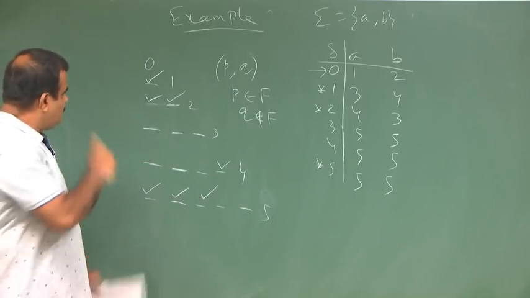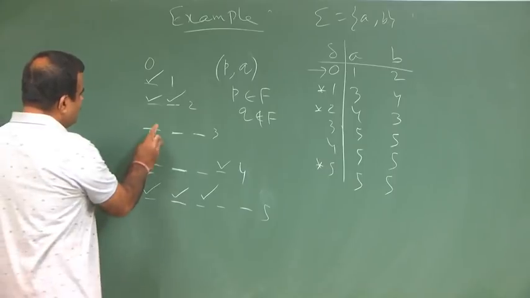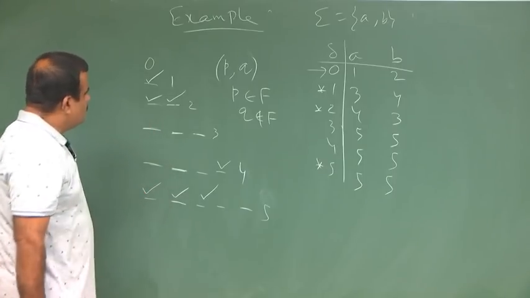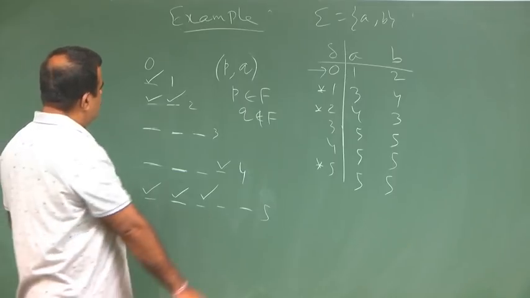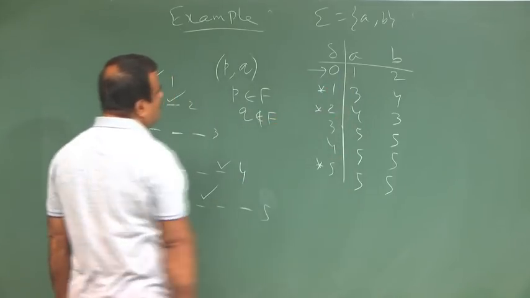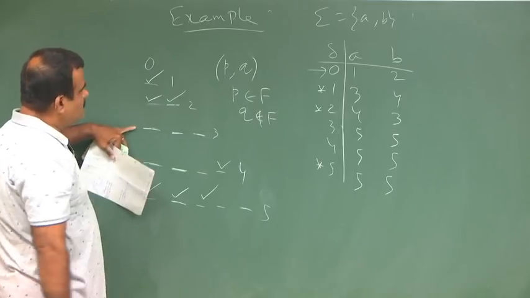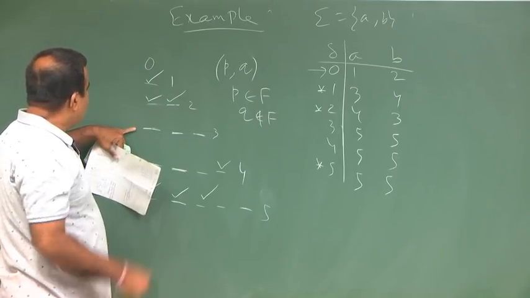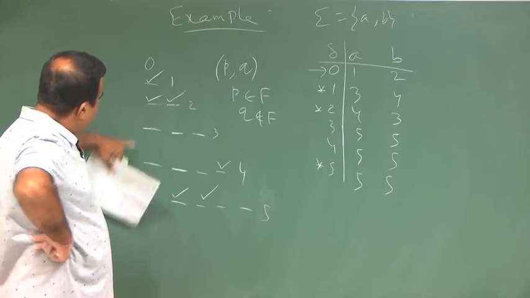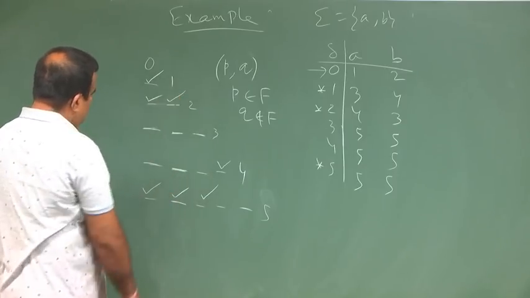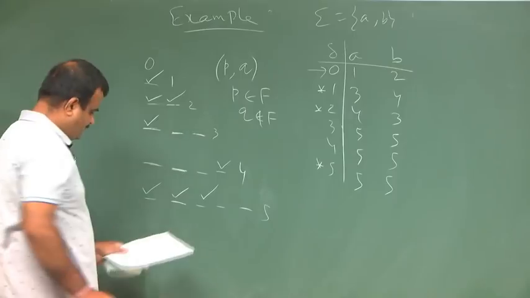Now, we will check the unmarked ones. So, we will check this one, 0 3. If we check 0 3, then 0 is going to 1 with a, and 3 is going to 5. So, 1 5 is marked. So, we will mark this.